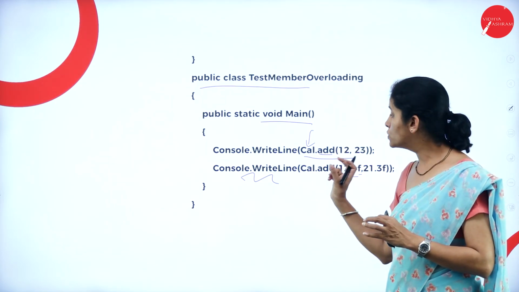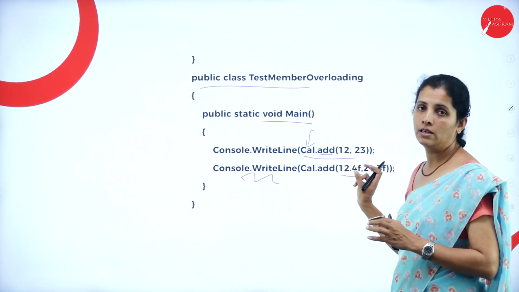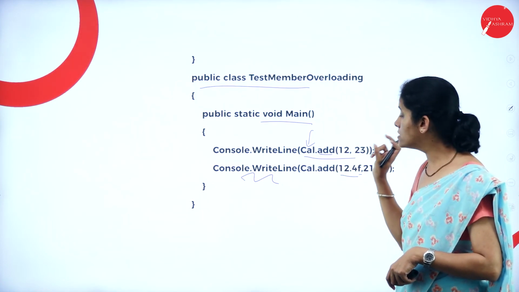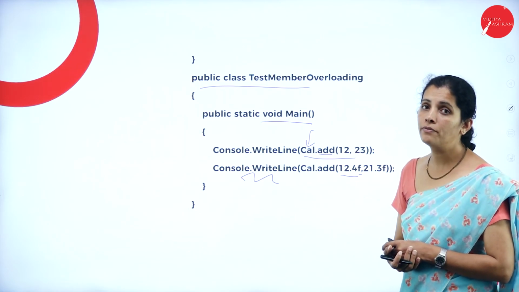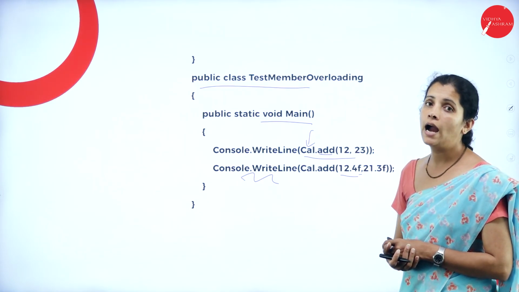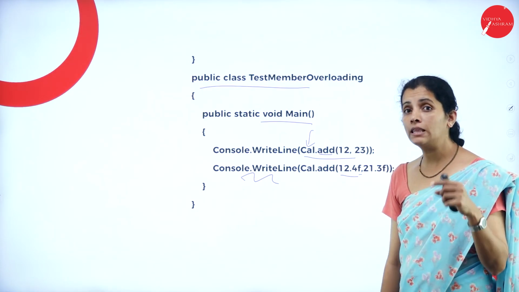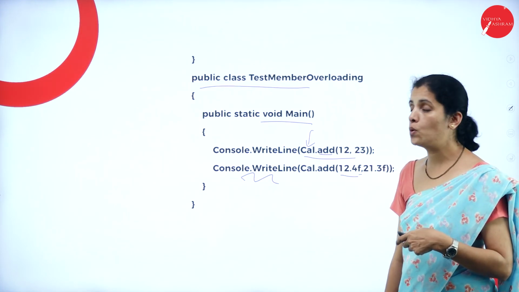After that, it checks the number of parameters. Then it checks the type of the parameters. This is the way the compiler identifies and differentiates methods when the same method name is used more than twice in the program.